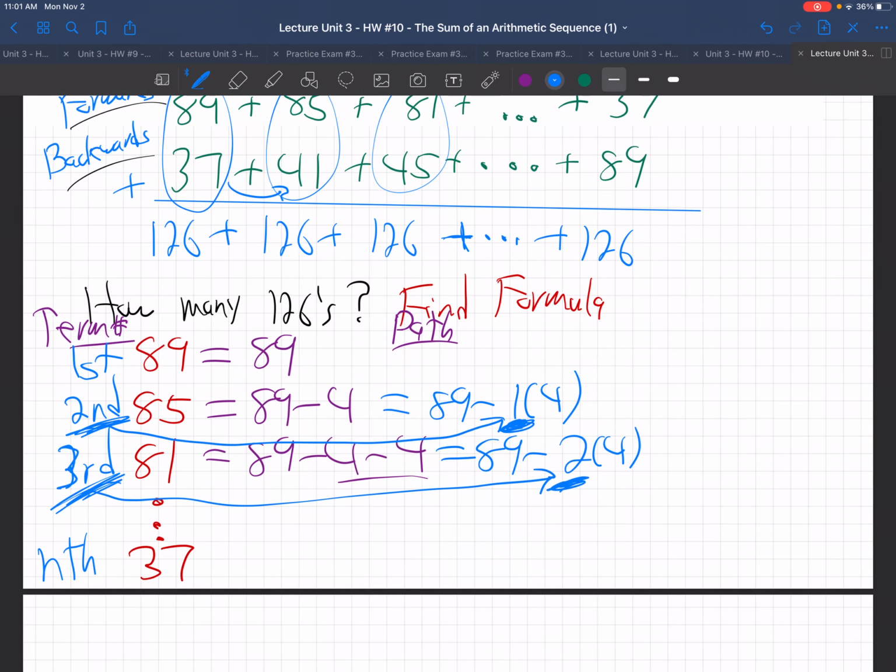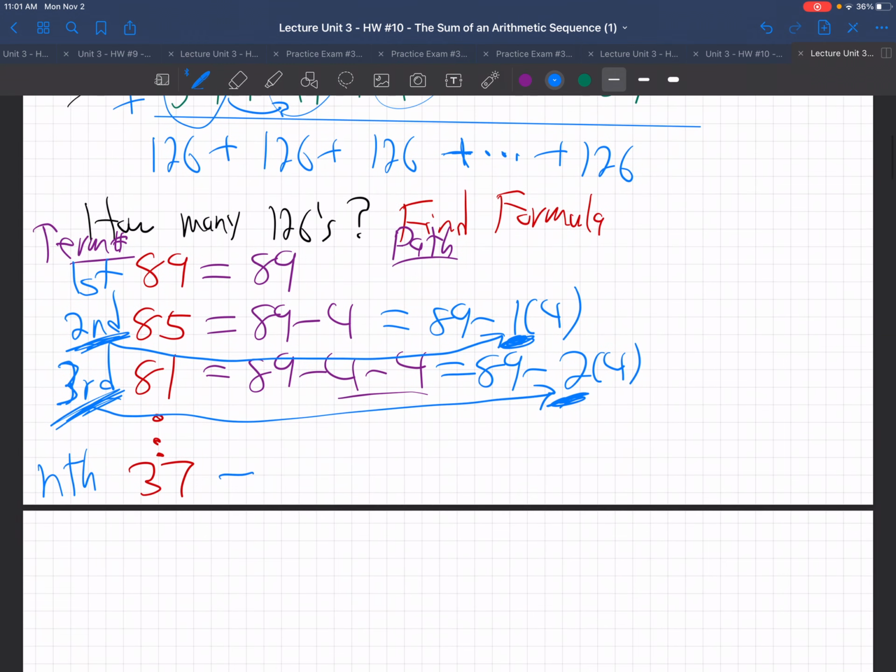So it's always 1 lower. So basically it's 89 minus n minus 1 times 4. Does that make sense? Whatever is here, in this case n, this is 1 lower, n minus 1. See how that fits? 3, 1 lower is 2; 2, 1 lower is 1; so n, 1 lower is n minus 1.